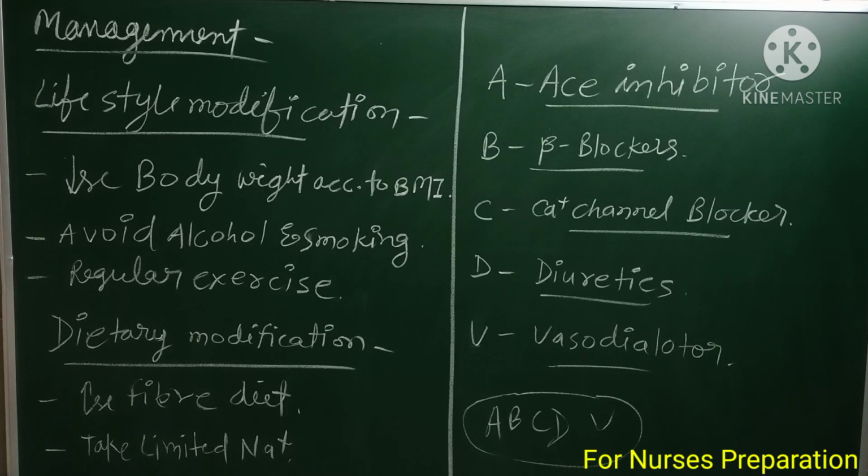It is seen that obesity is related with hypertension. So we have to encourage the person to maintain his body weight according to body mass index. Avoid alcohol and smoking. Regular exercise is also needed.